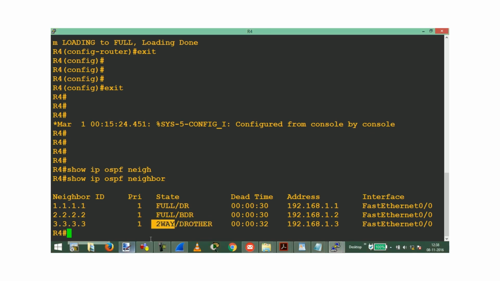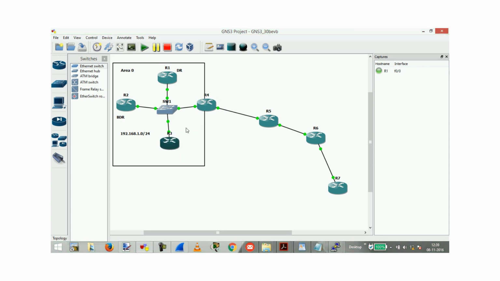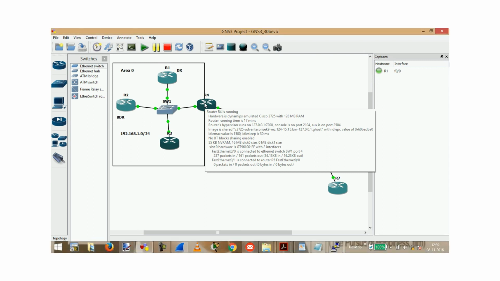But with the DR other, R4 has gone up to two-way state. So R4 and R3 have not gone up to full state, and the reason is simple: R4 and R3 do not have to be adjacent with each other. They don't have to share link information directly with each other, because within a network there is a systematic way of distributing link information, and all the routers form adjacency only with the DR and BDR.